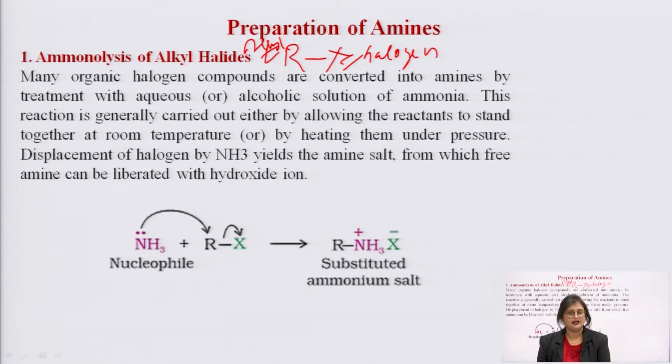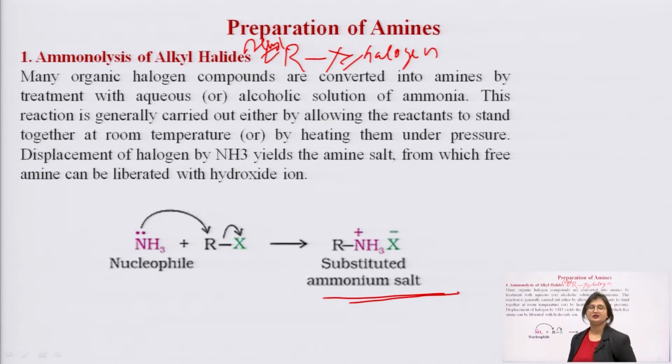In alkyl halide, what happens is, when an alkyl halide is mixed with ammonia, either aqueous or alcoholic ammonia, then displacement or replacement of the halogen group takes place by amine, which is NH3. This yields the amine salt, which is a substituted ammonium salt, from which the free amine can be liberated with hydroxide ion.